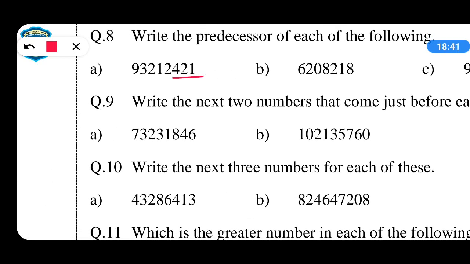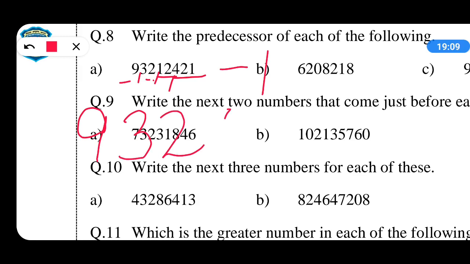See this number, the number is 9 crore 32 lakh 12,421. What will be the predecessor? Means you have to subtract 1 from this. So you will get 9 crore 32 lakh 12,420.